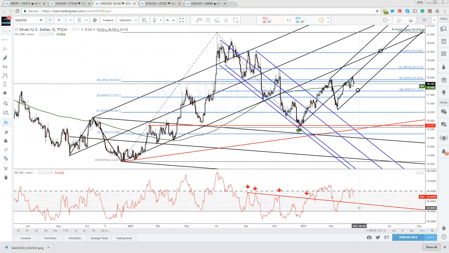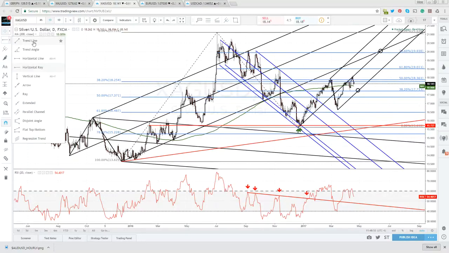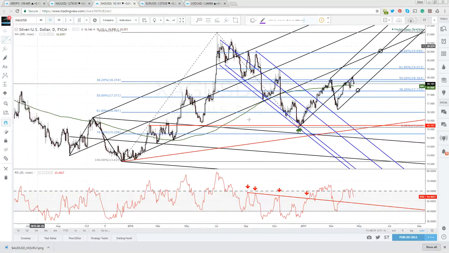Yeah, I would wait. 200 is turning down. There's nothing at the moment that would make me bullish, except maybe it's on a daily chart. I don't really trade silver a lot, but I would just clear.